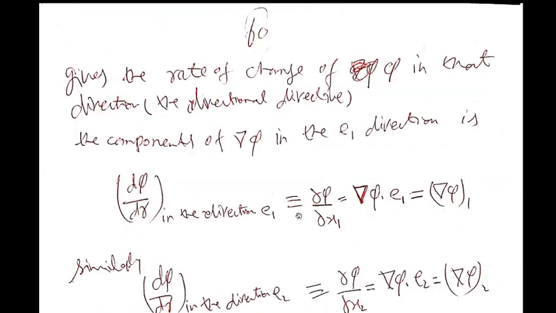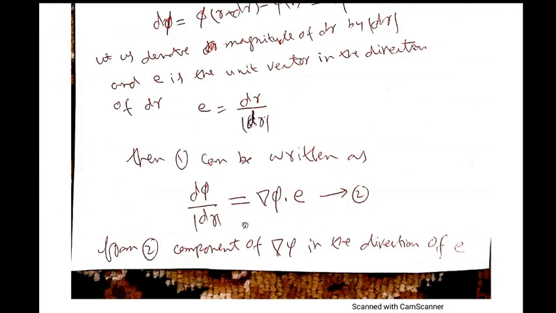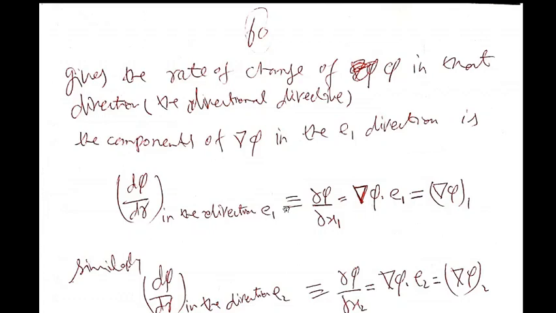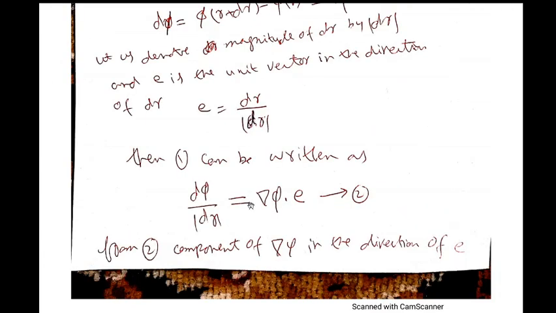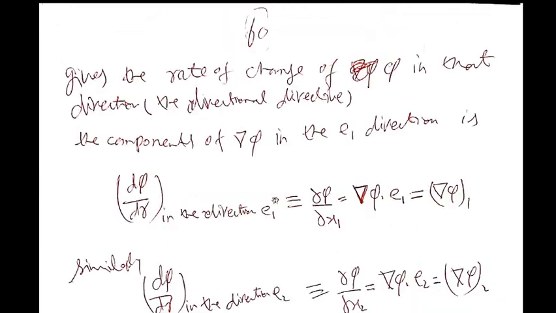So basically we have 3 directions, e1, e2, e3. Then we can write components of del phi in the direction e1, which is basically d phi by dr in the direction e1, del phi dot e1.